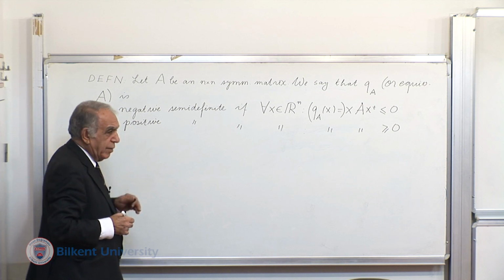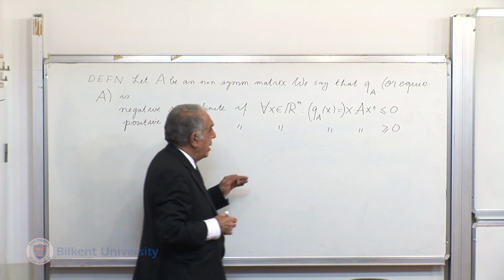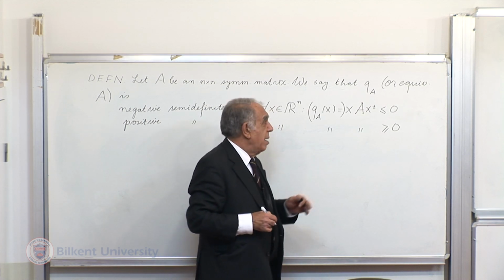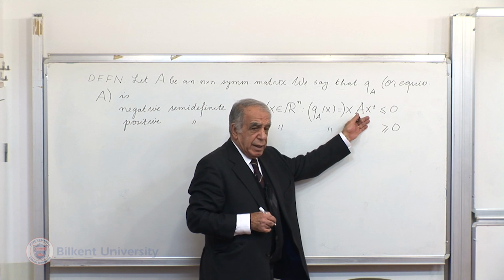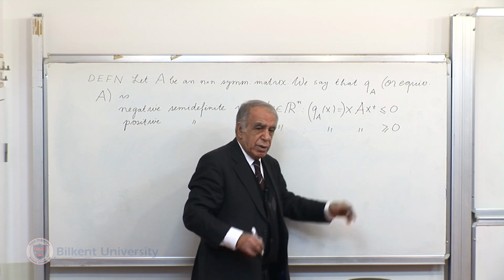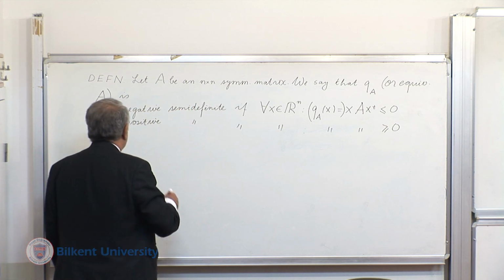Now, negative definite and positive definite will correspond to these inequalities being strict, but when x is the 0 vector, no matter what A is, this will be 0, so we will exclude that.